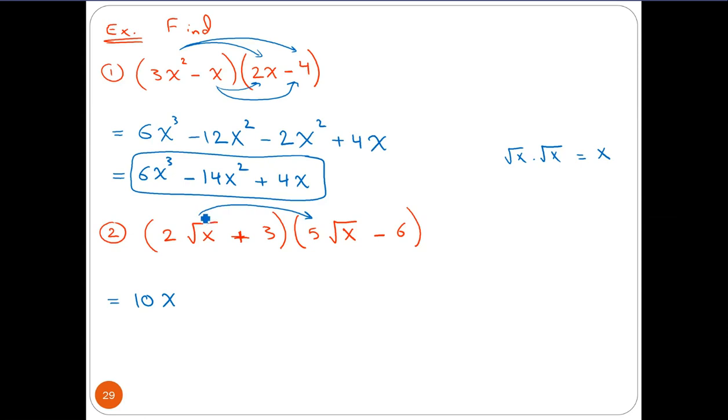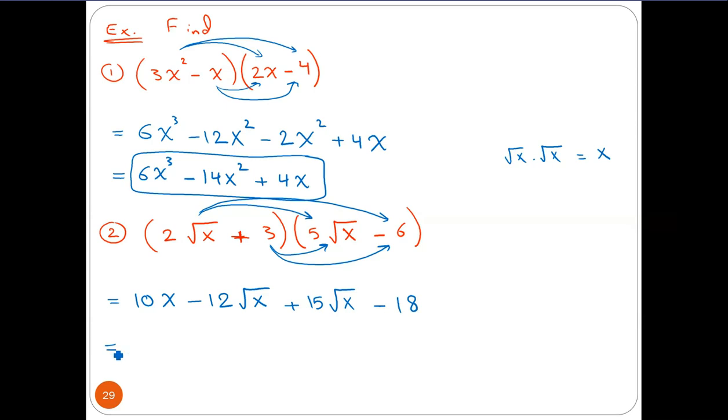Okay, now multiply 2 radical x with negative 6, negative 12 radical x. Now the second term, 3 multiplied by 5 equals plus 15 radical x, and 3 multiplied by negative 6, this is negative 18.